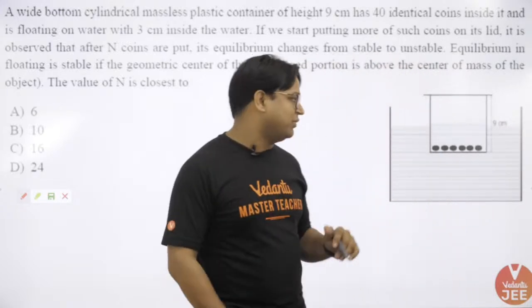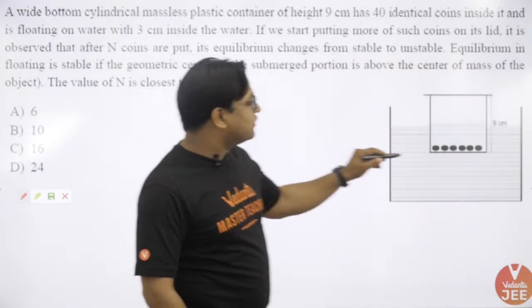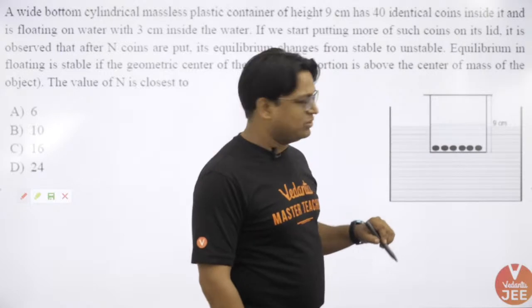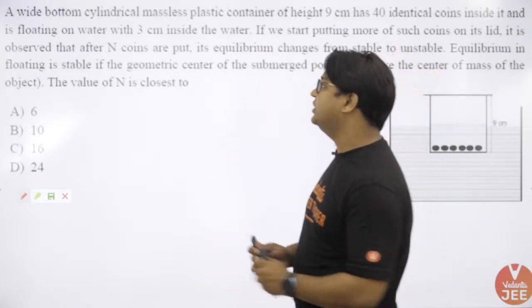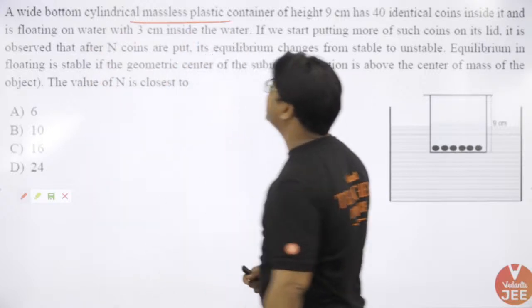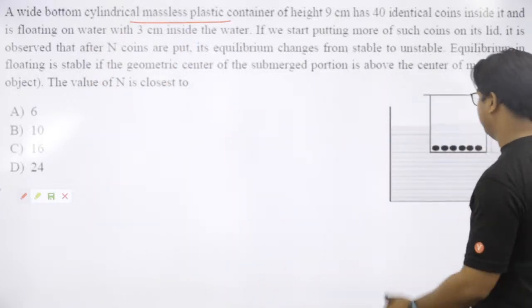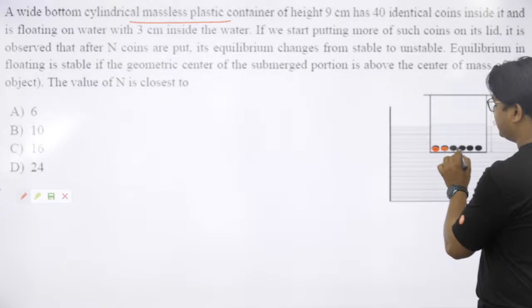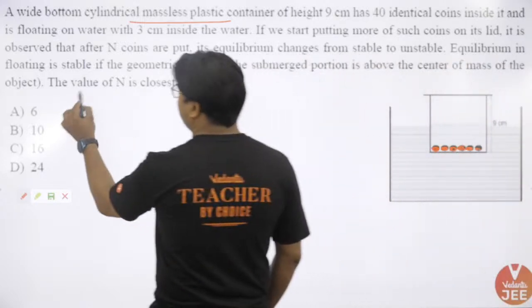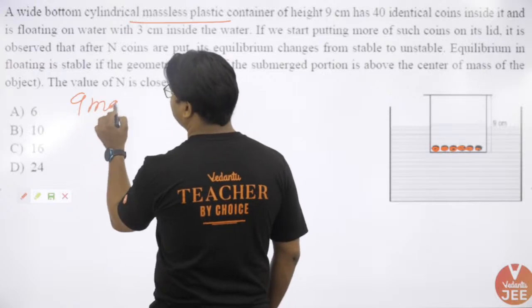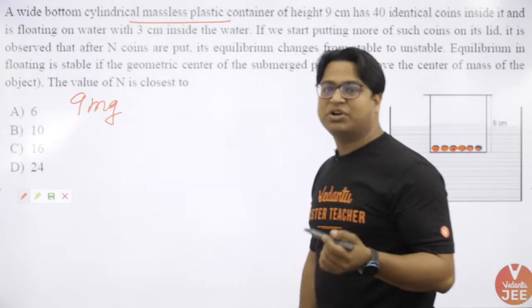So I'll tell you what the question says. As of now, there are 9 coins here. The container's mass is given to be negligible, which is an important piece of information: a massless plastic container of height 9 centimeter. So whatever weight is there is because of these coins only. Let's assume one coin has a mass m.